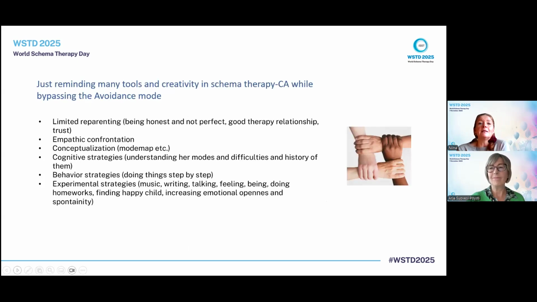So, just reminding of the many tools and creativity in schema therapy with children and adolescents while bypassing the avoidance. Limited reparenting, being honest, not perfect, a good therapy relationship, and trust. Empathy, confrontation in tricky cases and tricky situations, conceptualization, like I already told, cognitive strategies, understanding modes and difficulties and the history of them, behavioral strategies, doing things step by step.